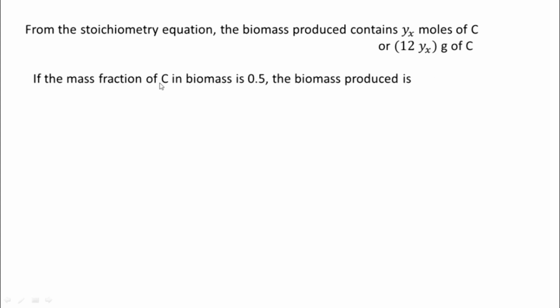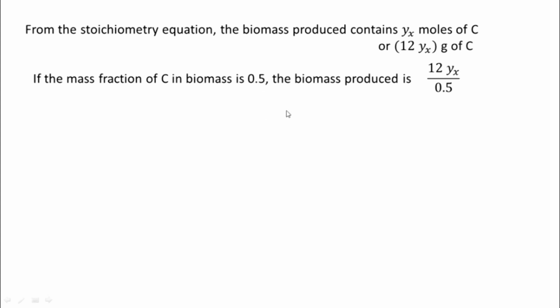If the mass fraction of carbon in biomass is 0.5, that is what we have been asked to assume in this problem, the biomass produced is 12 YX by 0.5. This is the unitary method. It might appear a little odd in the beginning, but it's just the unitary method. The mass fraction is 0.5.